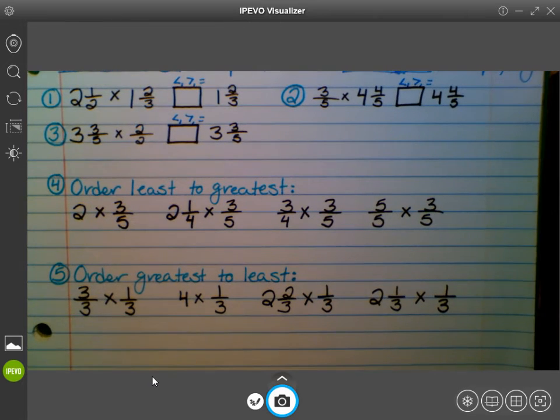Whisper to the person next to you, what do you think it's going to be? It's 2.5. So what do you think?